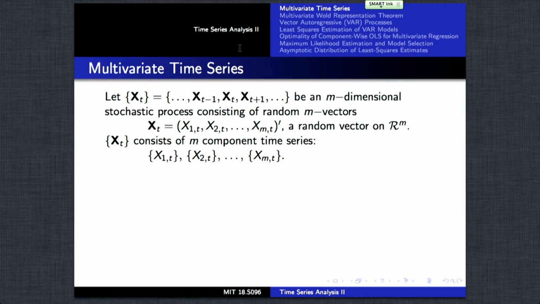Okay, we have a stochastic process, which now is multivariate. So we have bold x sub t, some m-dimensional valued random variable, and it's a stochastic process that varies over time t.